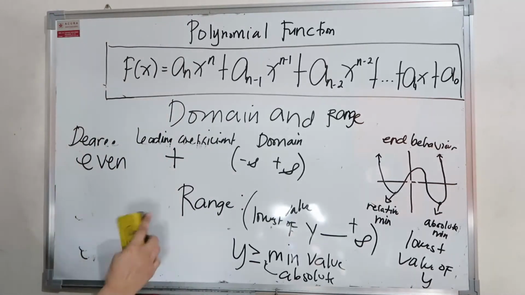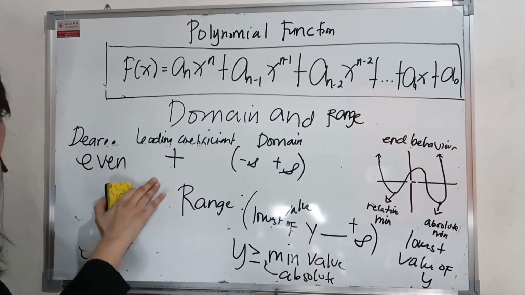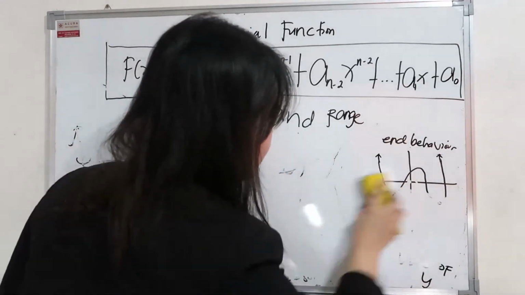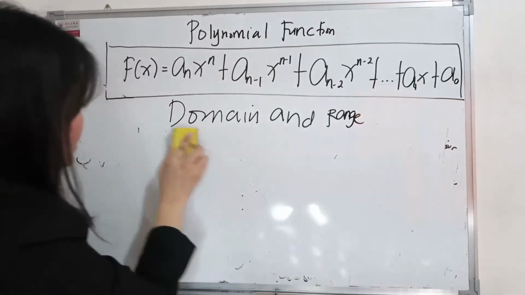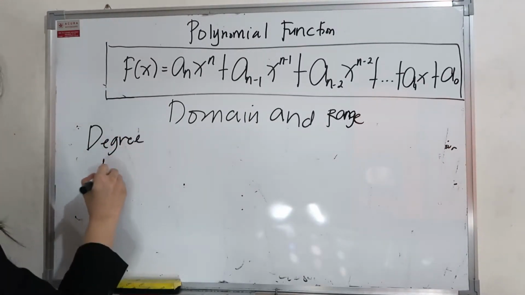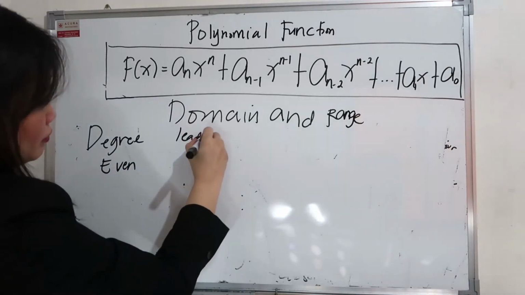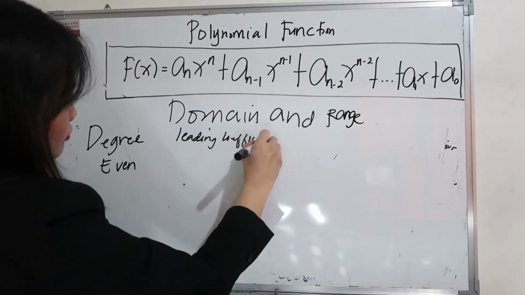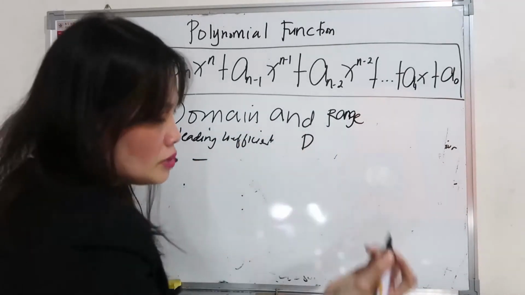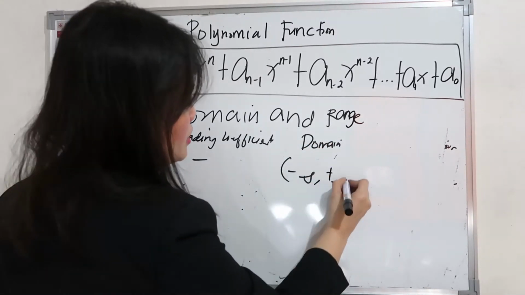So that is if the degree is even and the leading coefficient is positive. Now next, what about negative this time? The degree is still even and the leading coefficient is negative. So your domain is from negative infinity to positive infinity.